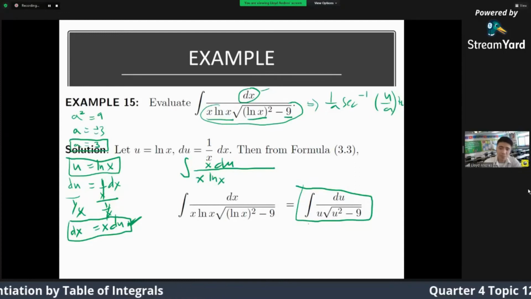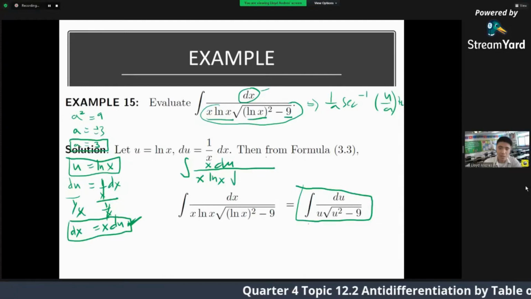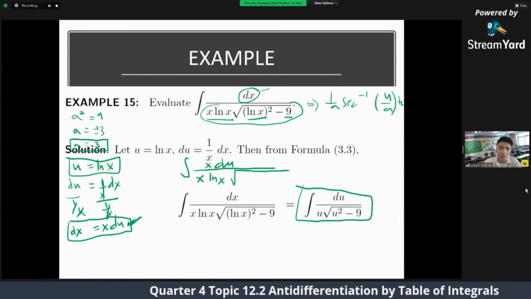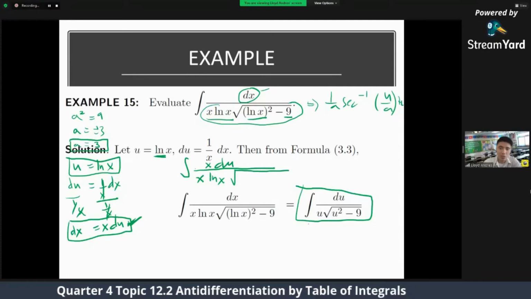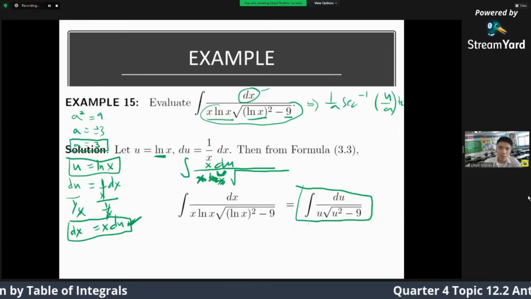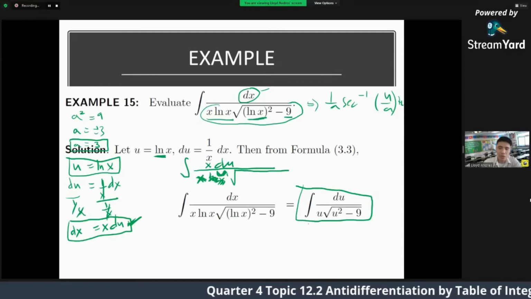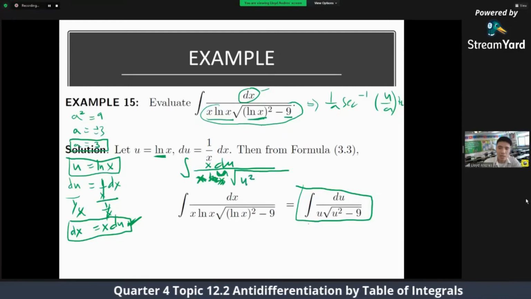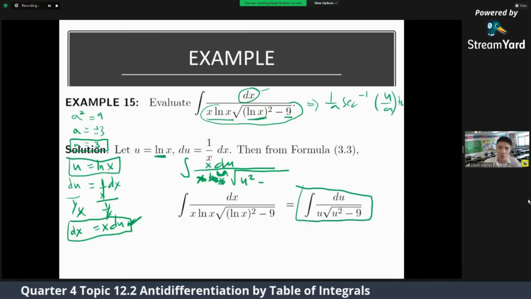Tapos, by the way si ln of x gi-u naman nato na, so pwede ra nato pulihan as u na. So x ang ln of x gipulihan na nako u, kaning ln of x squared, that's u squared. Ang 9 actually 9 na, o pwede ra po siya 3 squared.